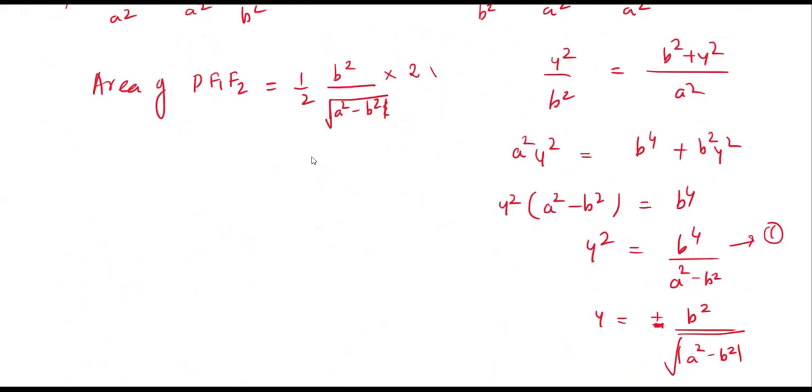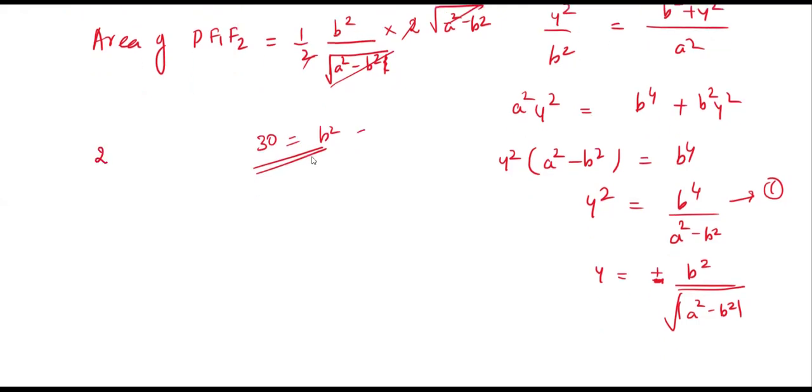So what is the area? When you solve this, this will cancel off and this will cancel off. I'll get b square is equal to 30, because the area is given as 30 in the question. So b square is equal to 30.